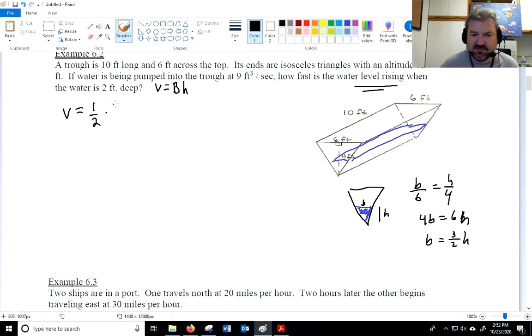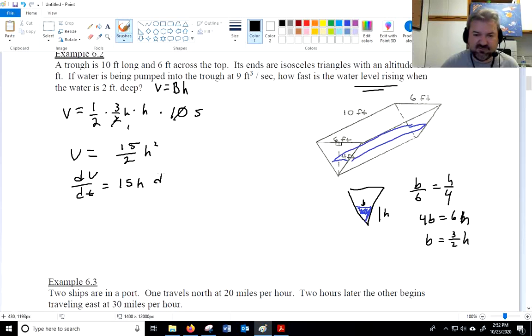So 1 half times 3 over 2 H is the little b, and then times H. Then times the height of this prism, which is a constant 10. So volume is equal to, let's see here, I can reduce this. So 15 over 2 h squared. Now we'll take the derivative. dv dt is equal to 15h dh dt.